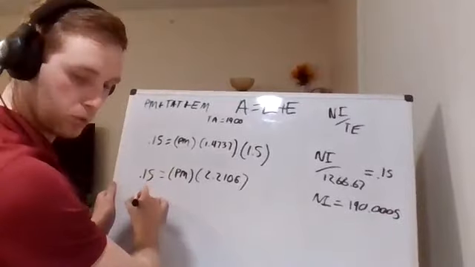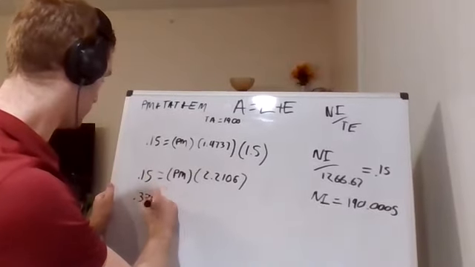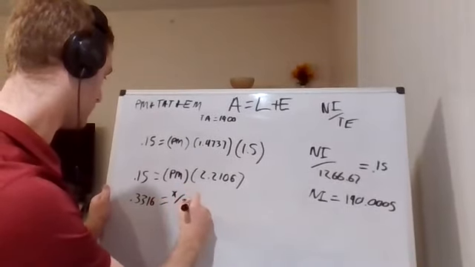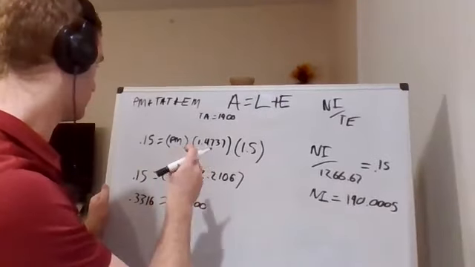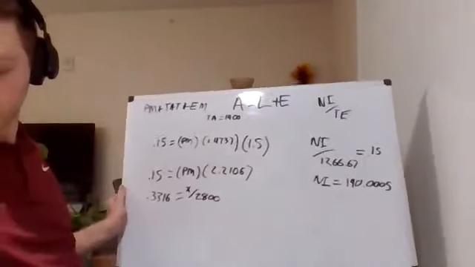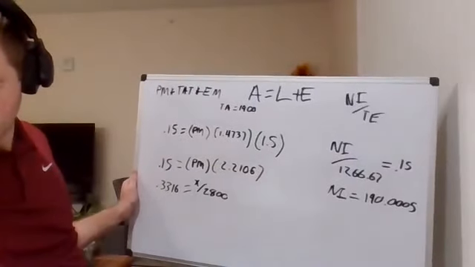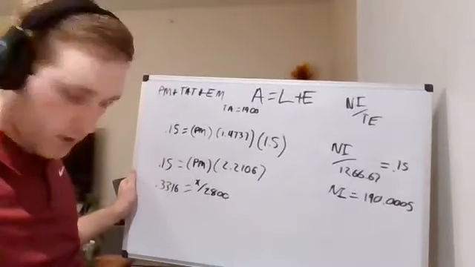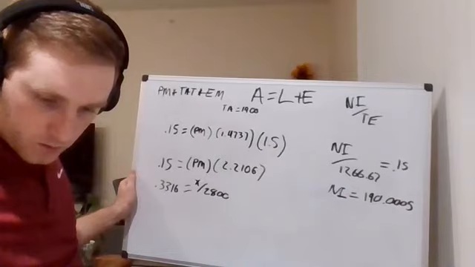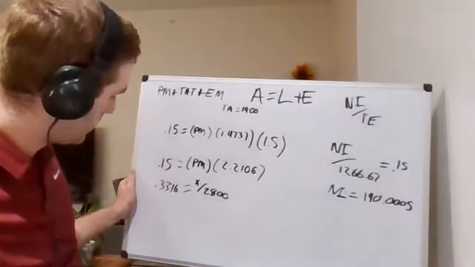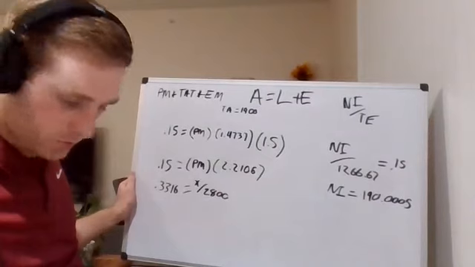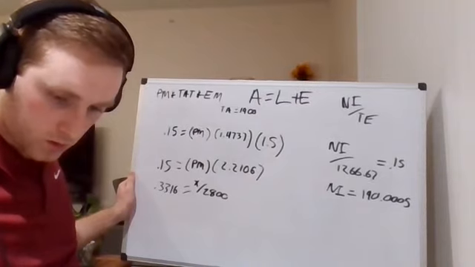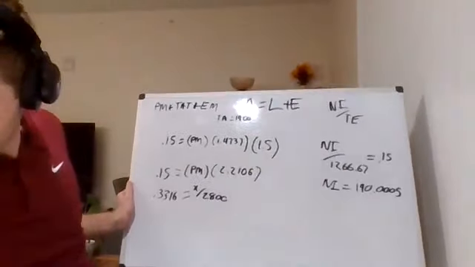That gives me a 0.3316 here equals our X over 2,800, because it's our net income divided by sales. So now I multiply that by 2,800. I did the wrong one. Hold on. 0.3316 times 2,800 equals, oh, is it 0.0?